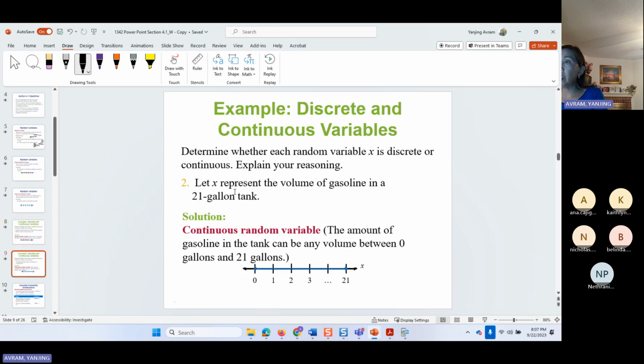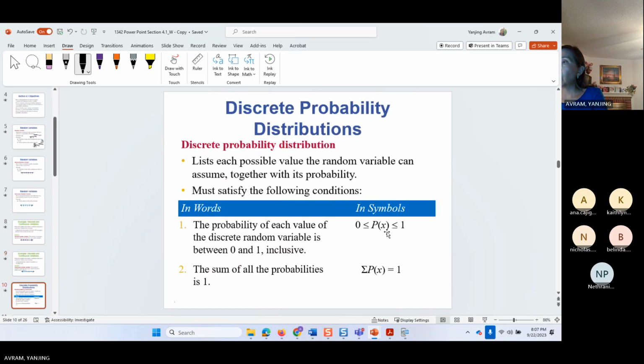Discrete probability is always between 0 and 1. We don't want the probability to be negative. If the probability equals 0, that means it's impossible to happen. If the probability equals 1, this is for sure, it's going to happen.